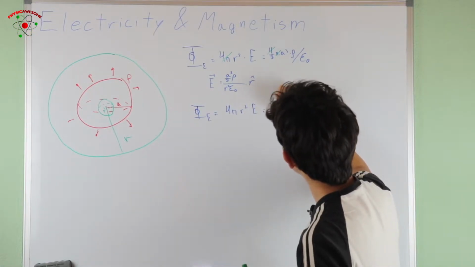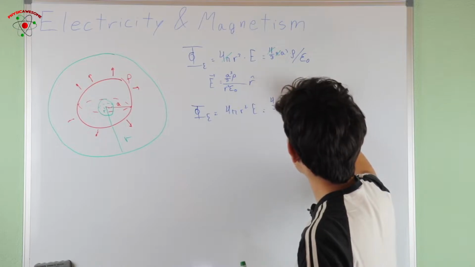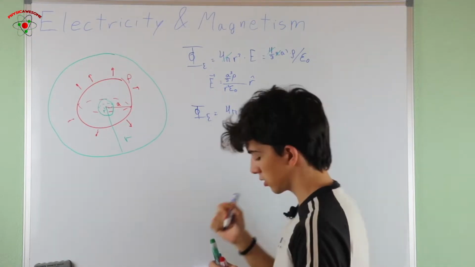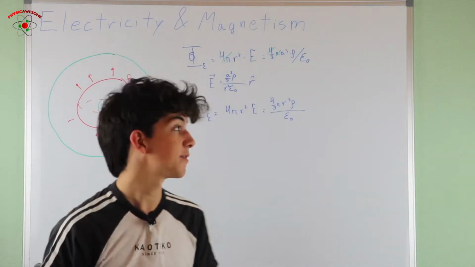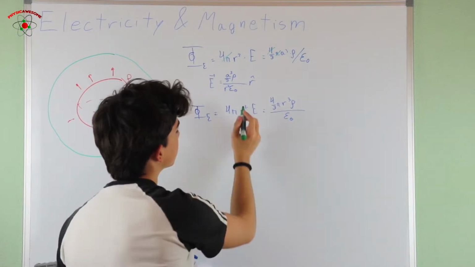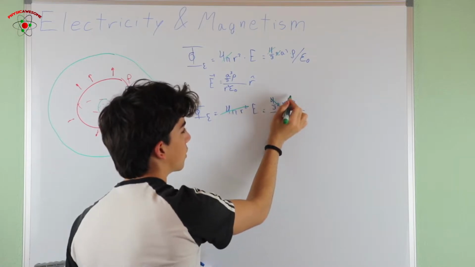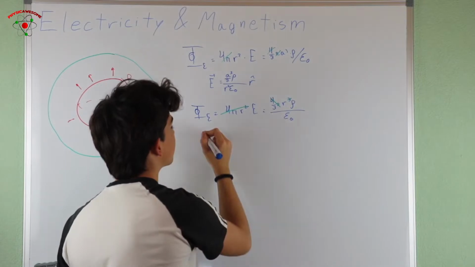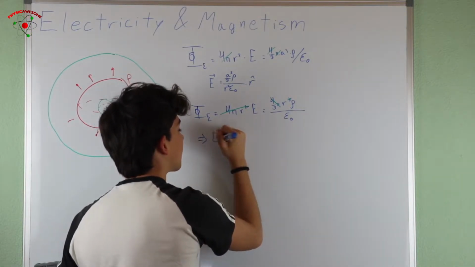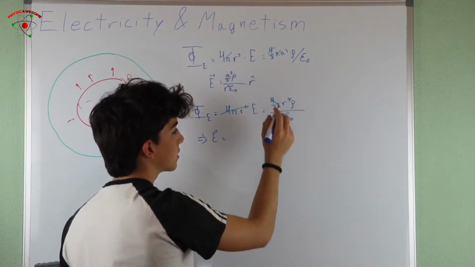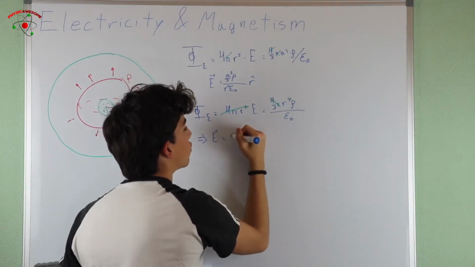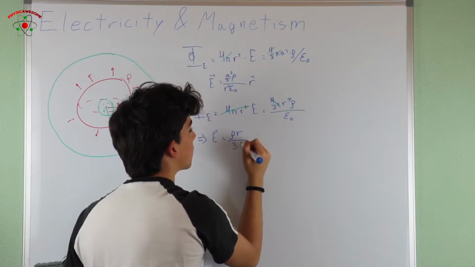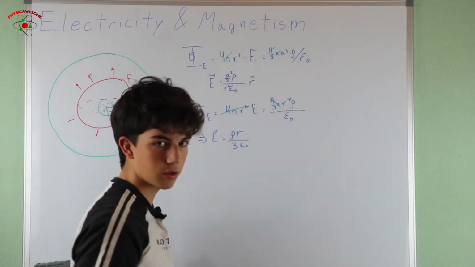Therefore, we're going to have 4/3 pi r cubed times rho divided by epsilon naught. Now we have some more cancellations. The 4 pi r squared with the 4 pi and 2 factors so far. And we get that E equals rho r over 3 epsilon naught.